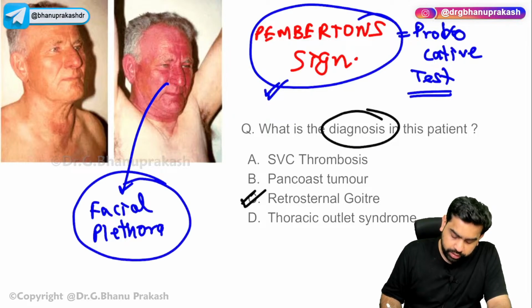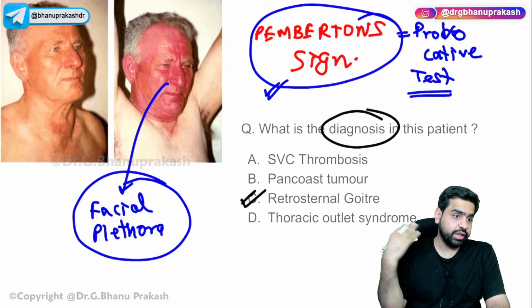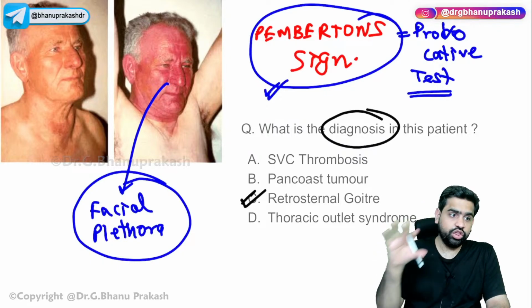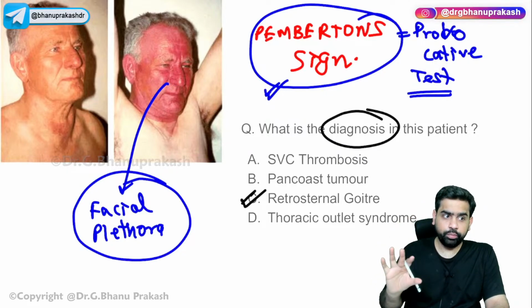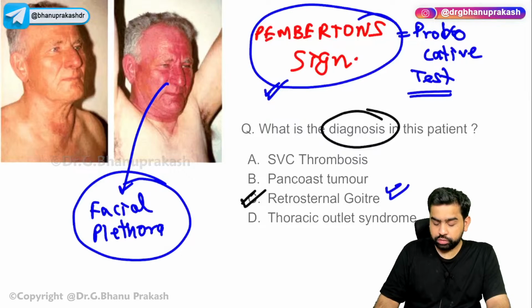The patient develops venous congestion and facial plethora, because the veins are getting compressed. Okay, I hope you are able to understand this point. And this is the Pemberton sign, which is present in patients with retrosternal goiter.